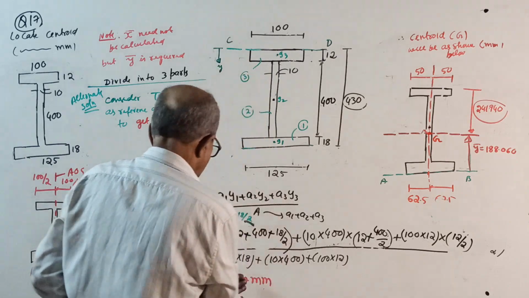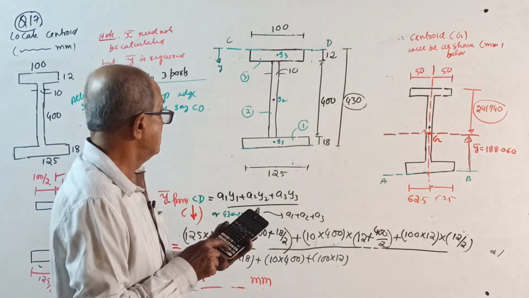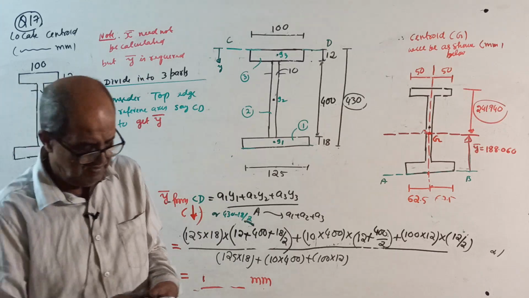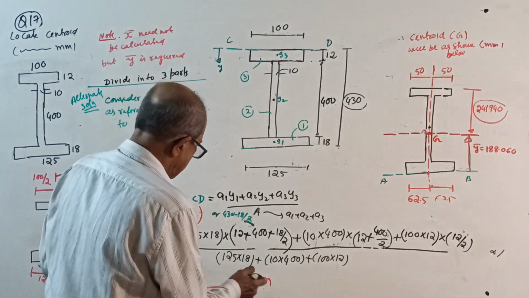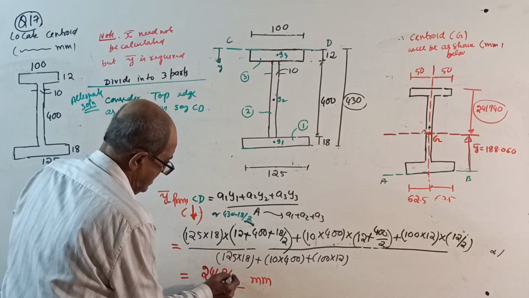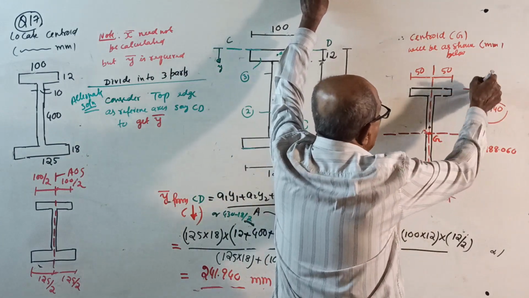We got, your y bar will come 241.940 millimeter. Now, from the top, how much you got?